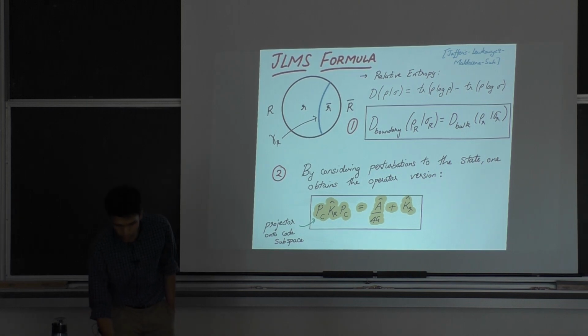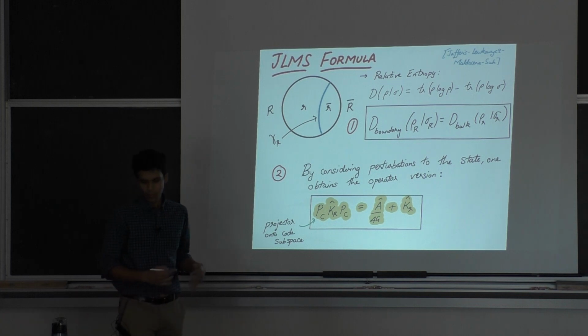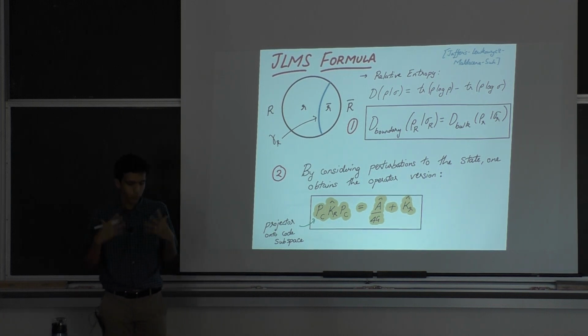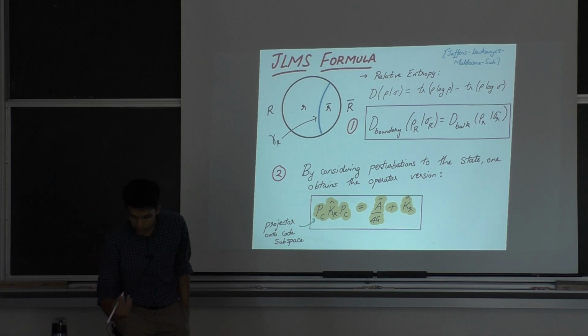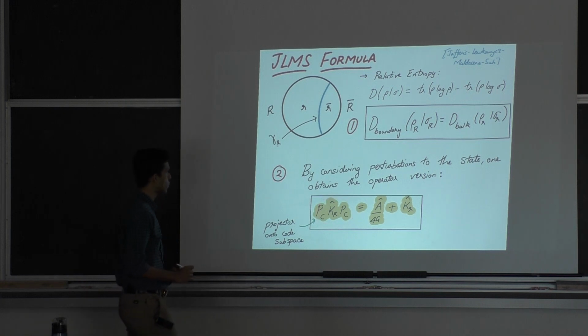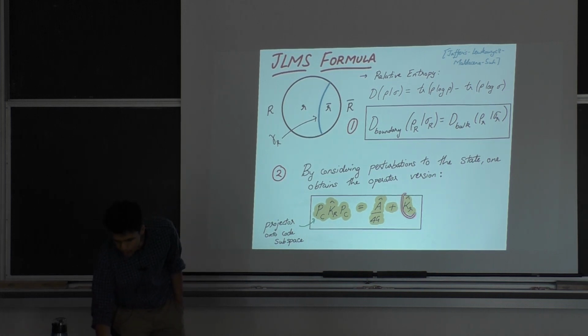And then what their formula says is that when you consider perturbations to the state, you pick some code subspace in the bulk and consider arbitrary states within that code subspace. Then the modular Hamiltonian on the boundary, appropriately projected onto the code subspace, is equal to a term which you can interpret as the area operator, which evaluates the area of a given geometry over 4G, plus the bulk modular Hamiltonian in the entanglement wedge.